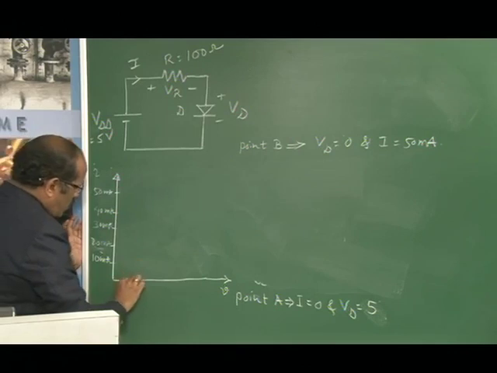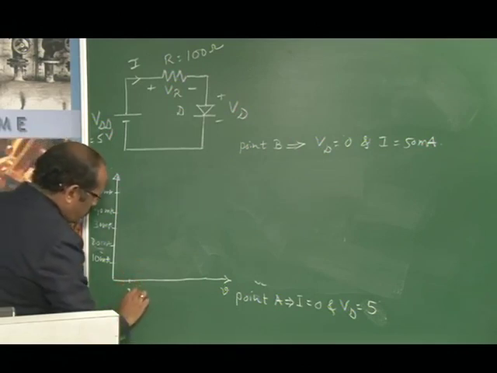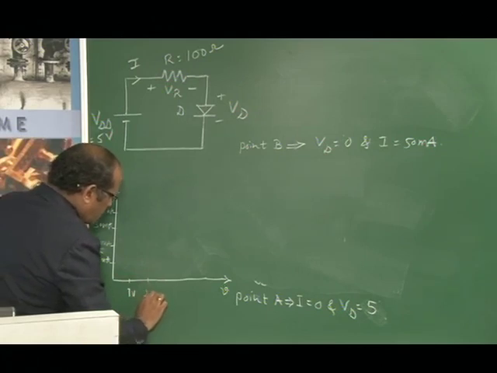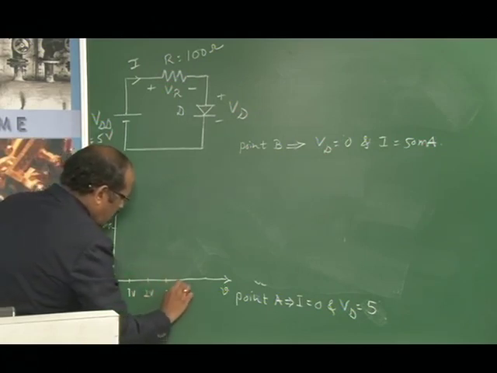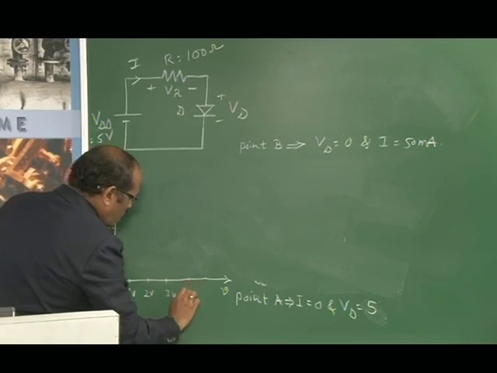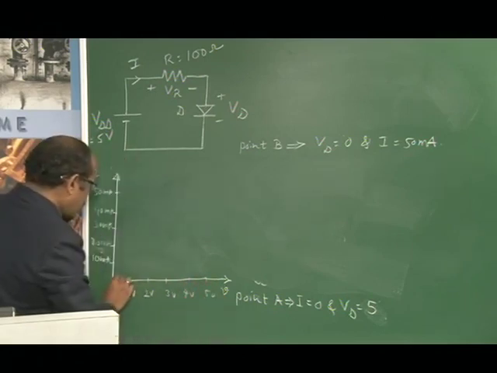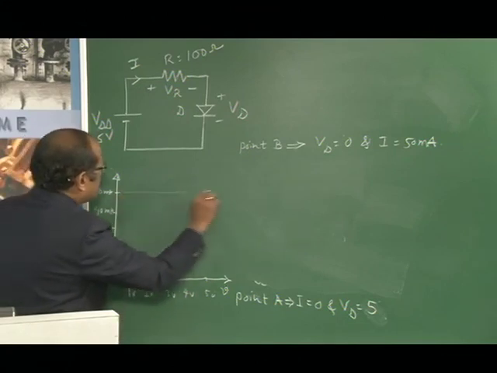Correspondingly we have 1 volt, that is the diode drop, then 2 volts, 3, 4 volts, then 5 volts.